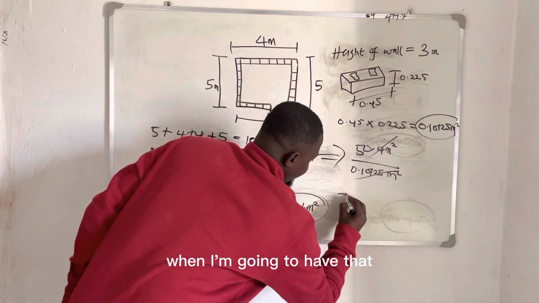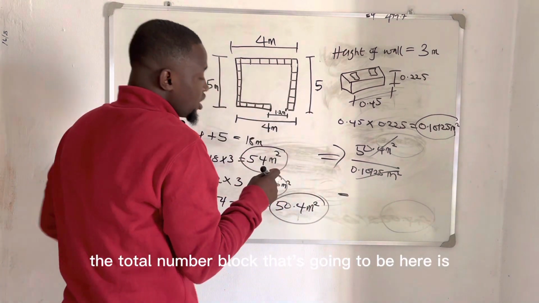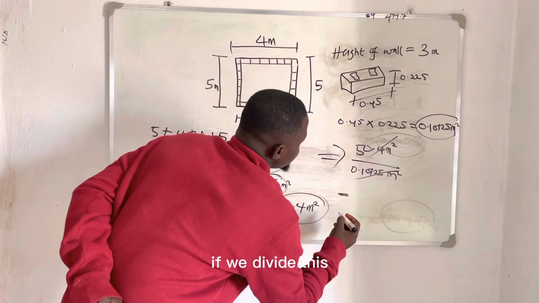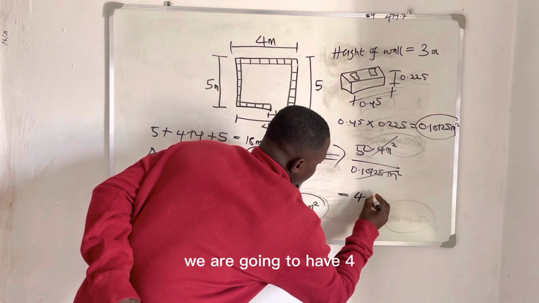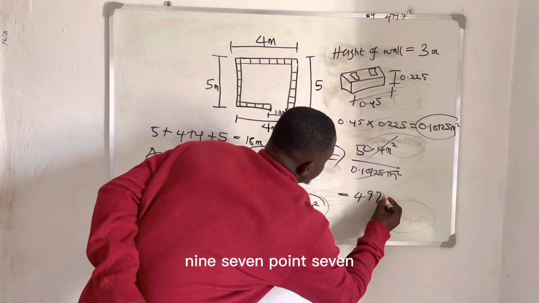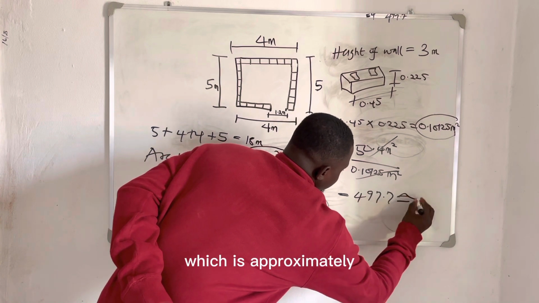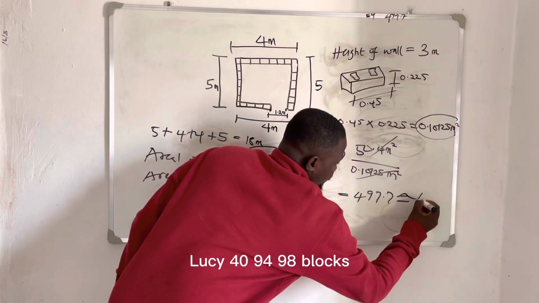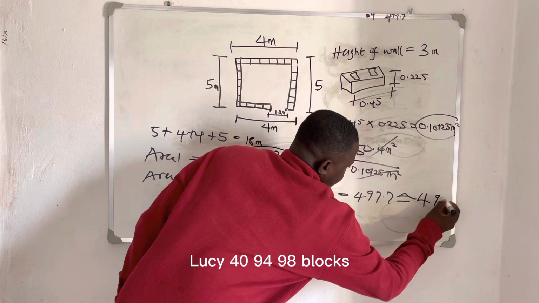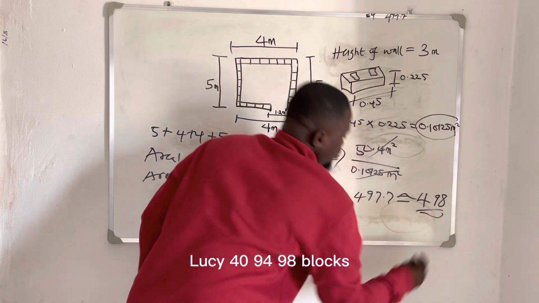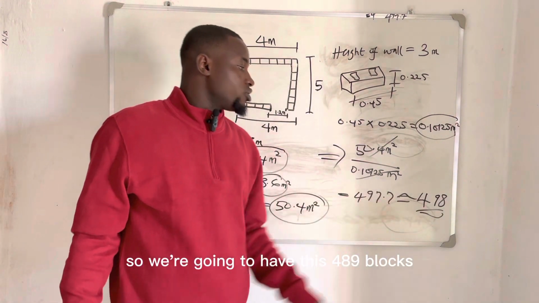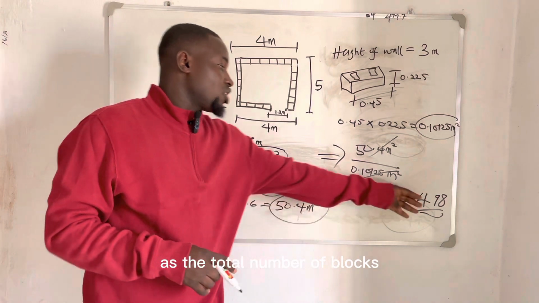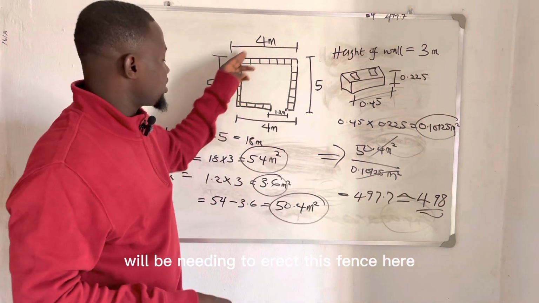The total number of blocks that's going to be here, if we divide this, we are going to have 497.7, which is approximately 498 blocks. So we're going to have 498 blocks as the total number of blocks we'll be needing to erect this fence here.